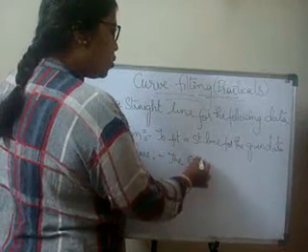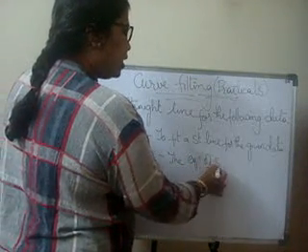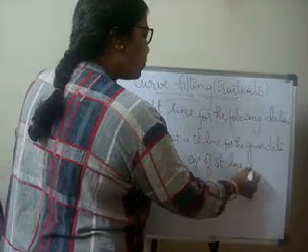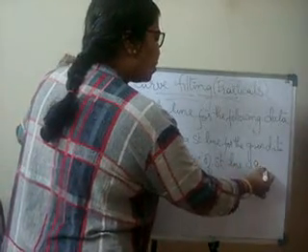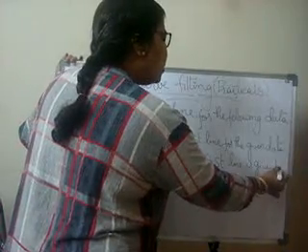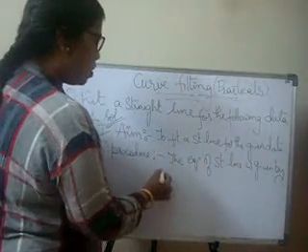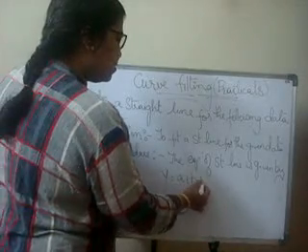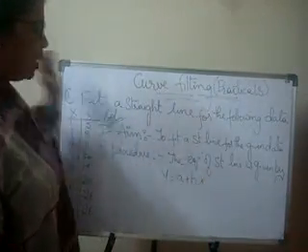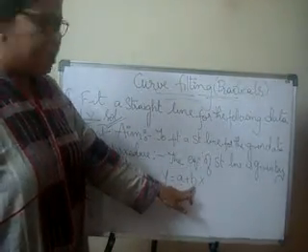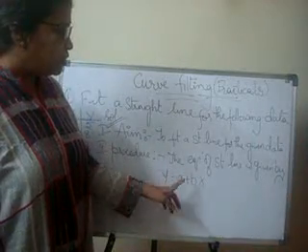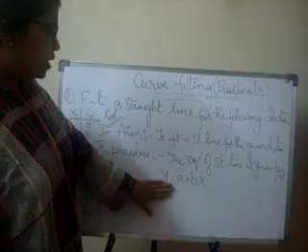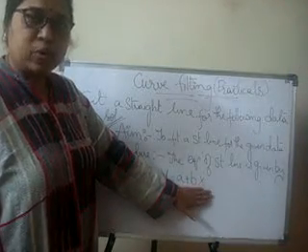The equation of straight line is y equals a plus bx. Here a is a constant and b is the slope, which is also a constant. We have x and y given. y is the dependent variable and x is the independent variable.